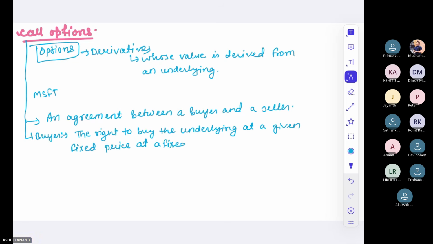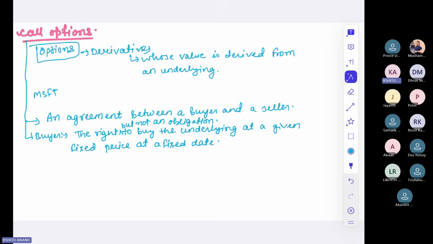The buyer has the right, but not an obligation. This is quite an important point that I missed out. Now let's talk about it briefly and slowly we'll build the momentum for today's project.